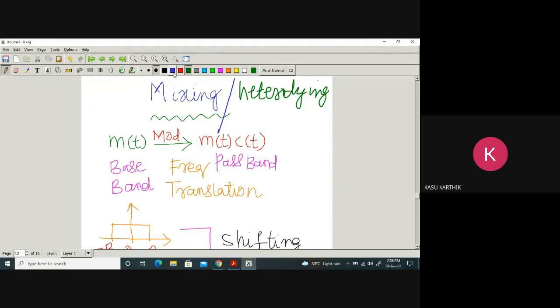Modulation means a baseband signal will become a passband signal. Generally how do we do modulation? We take the message signal, multiply with carrier, then it is m(t) times c(t). If you do so, frequency is translated. In modulation, baseband will become passband.